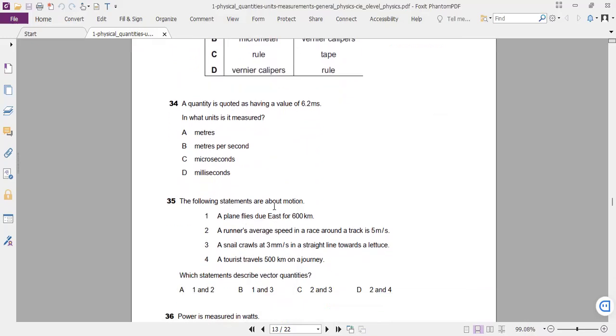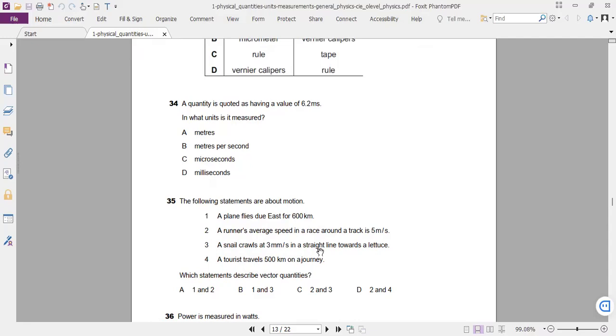The following items are about motion statements. How many vector quantities? So read these, all of these, if there are vector quantities for 1, 2, 3, 4. So which one has a vector quantity? So look at this. East, there is a direction. Plane flies due east for 600 kilometers. There is a direction mentioned. Average speed, and then it is told average speed is this much.